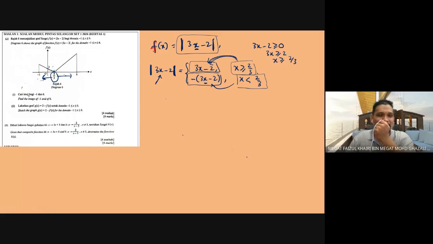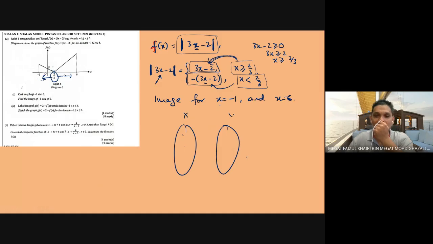Okay, so now find the image. According to the question, find the image for x equals -1 and x equals 6. Image, okay. x is an object, because if we look at the diagram of x and y for a function, x is the object and y is the image.